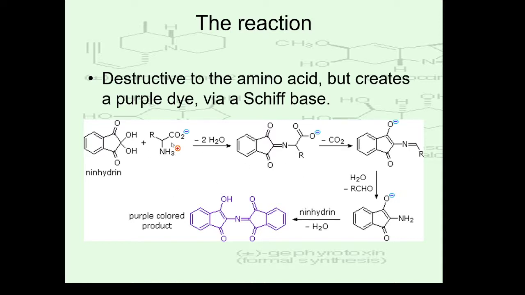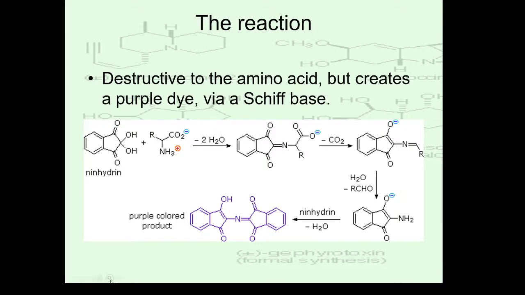And we have an interaction that occurs. The product of the interaction of ninhydrin and our amino acid creates this compound right here. This compound, and I'm going to show you exactly where.